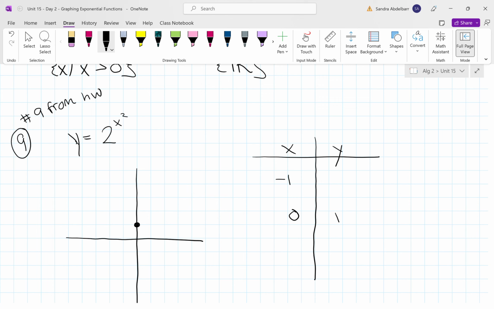When I plug in -1 for x, what do I get? Y is 2. So now we have -1, 2. Now let's plug in +1. When I plug in +1 for x, what do we get? Y is 2. Isn't that cool? There's our graph.